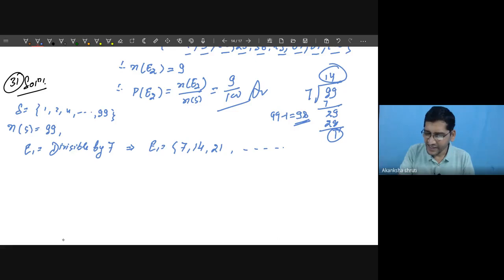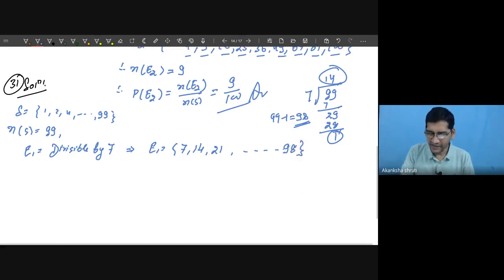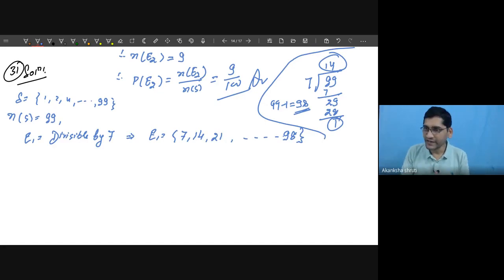So we shall write here, lastly, 98. Now again, how many terms are there? You may calculate it or you may apply the AP. Though it is a smaller one, we can get it just by dividing. But if it becomes a bigger one, then it again creates a problem.